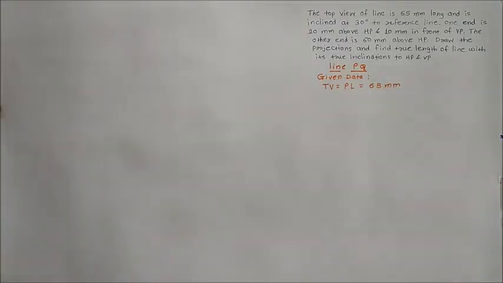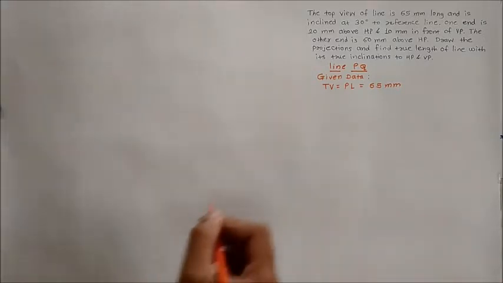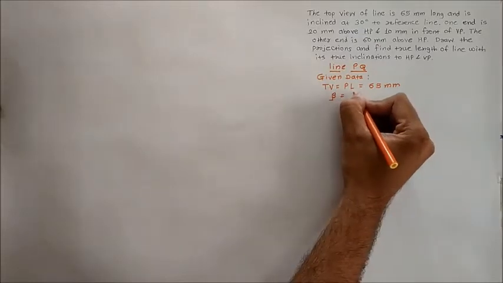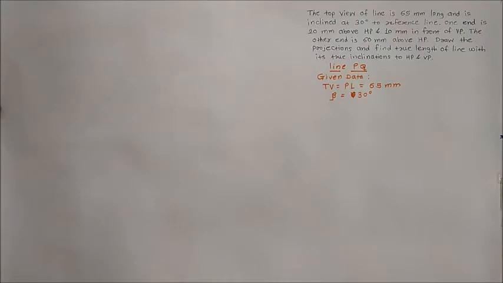It is inclined at an angle 30 degree to the reference line. So the angle made by top view is called as angle beta, which is equal to 30 degree to the reference line. One end is 20 mm above HP and 10 mm in front of VP.